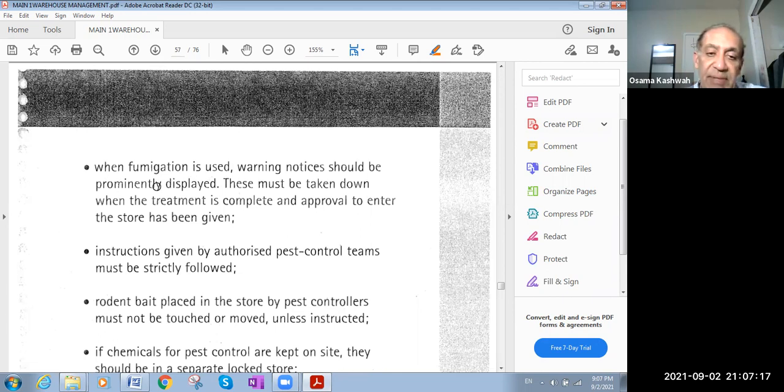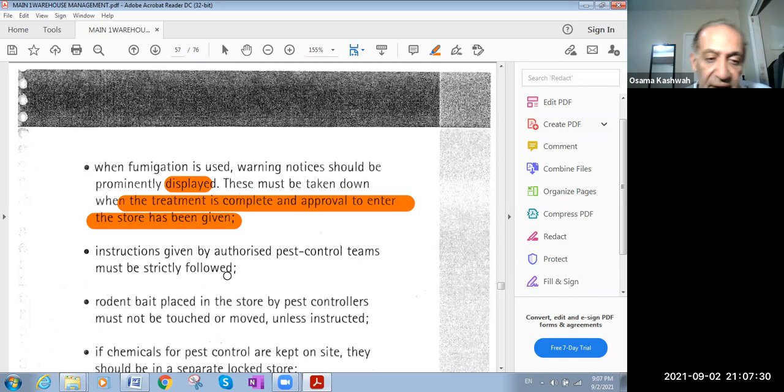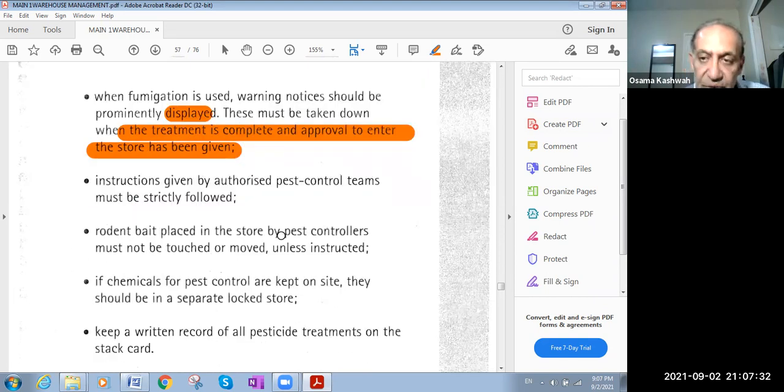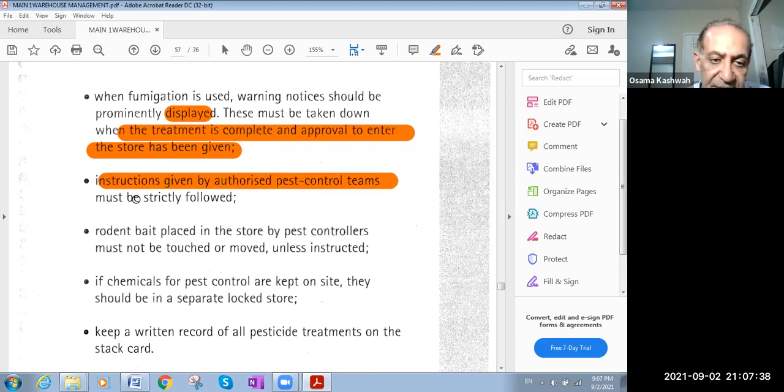When we are doing pest control, warning notices should be displayed for everyone that we are doing pest control in this area. They must be taken down when the treatment is complete and approval to enter the store has been given. So those points we should also care about.